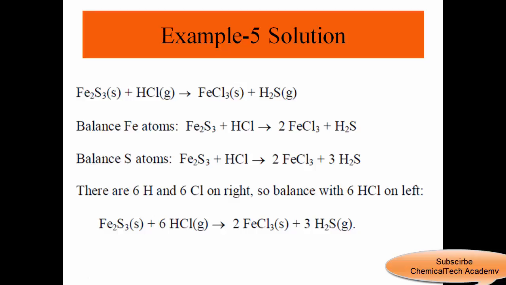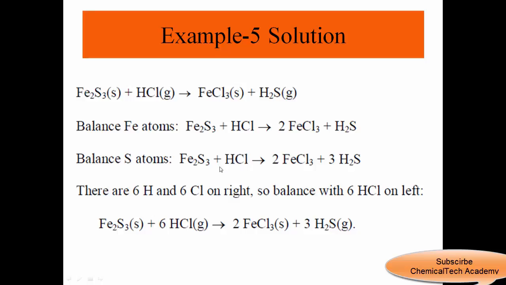So now the rest is going to be hydrogen and chloride. So let me calculate the amount of hydrogen. We have 1 here, and on the right hand side we have 6. For Cl we have 6 here, and on the left hand side we have 1.